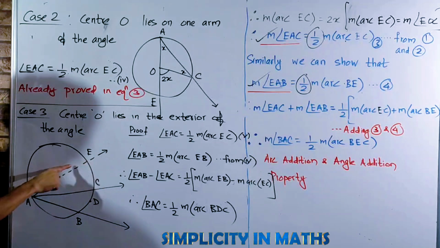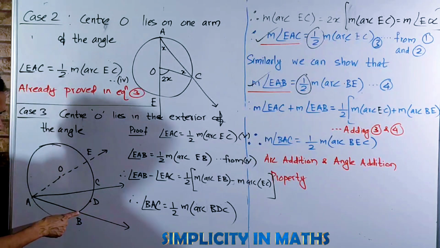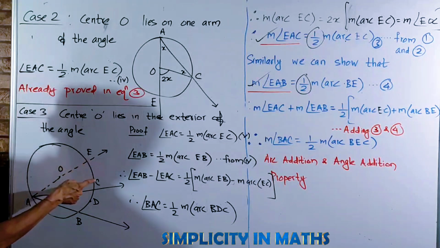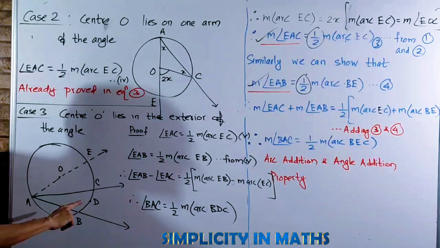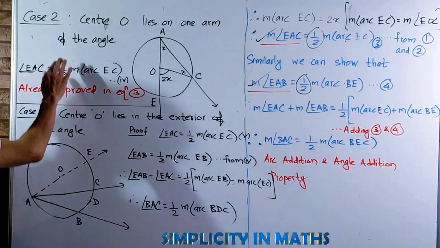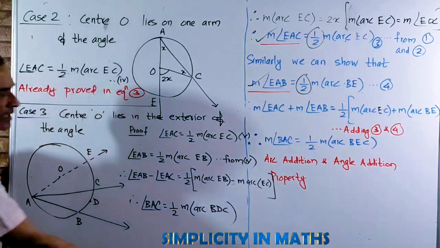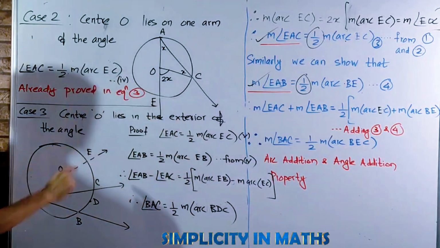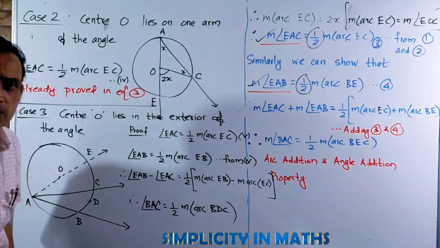Again see, angle EAB, the arc opposite to it is arc BE, that is EB. So angle EAB is equal to half the measure of arc EB, based on case 2, which I have written as equation 4. Why is it based on case 2?